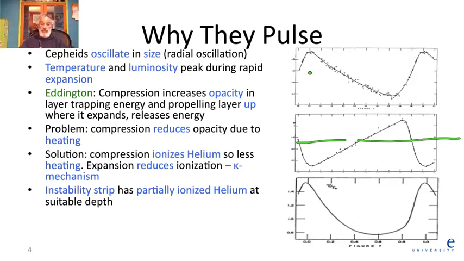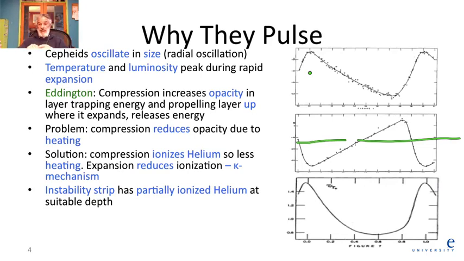The problem in general is that compression, typically in stars, both compresses material, which increases opacity, but also heats it, and temperature reduces opacity. So the problem was how to find a way to have compression not heat material so that its opacity would increase. And the solution is that under suitable conditions, compression ionizes, in this case, helium.